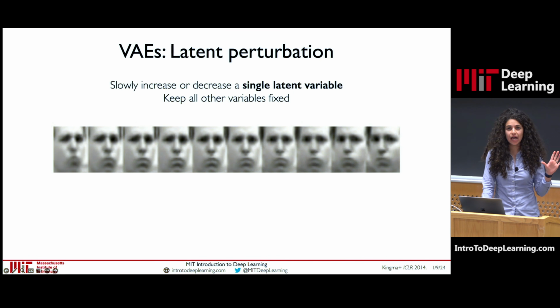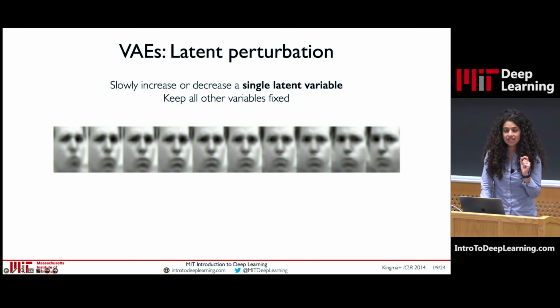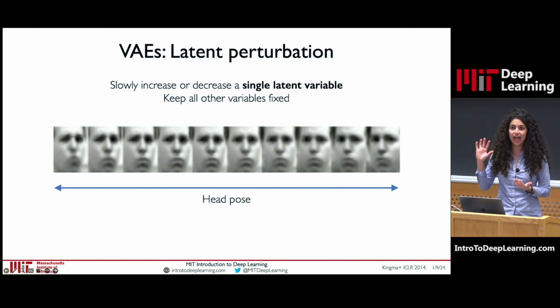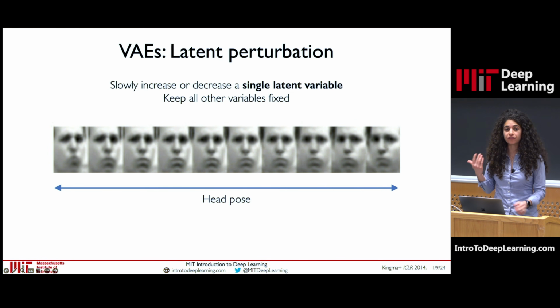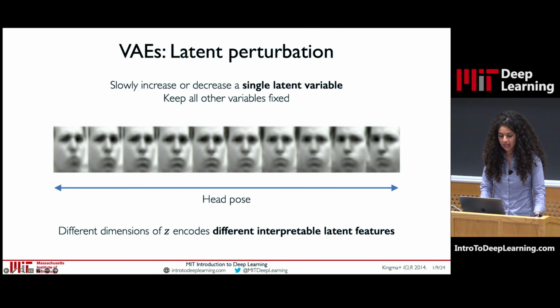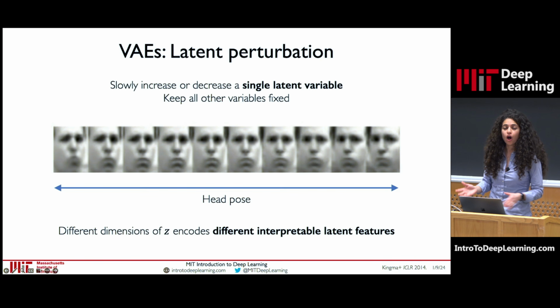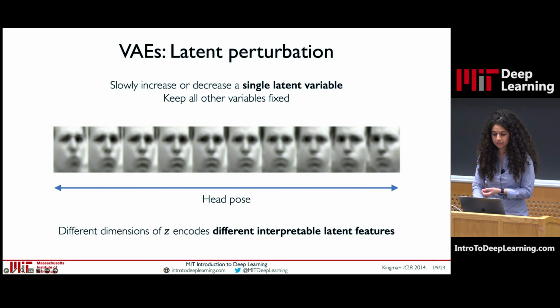And so in this example with the face, you're seeing that come to life, right? Where the face is being reconstructed following a perturbation of a single latent variable that hopefully you can see is capturing the head pose, the tilt of the face in the image. And so what this kind of gets at is that the different dimensions, the different latent variables, are trying to encode these different features that are hopefully interpretable.